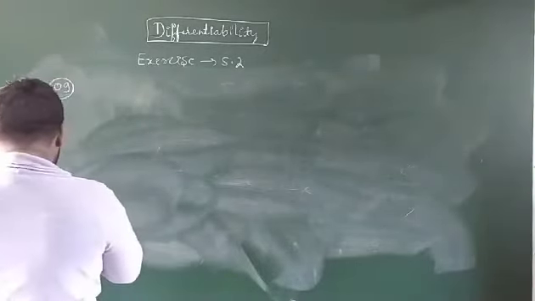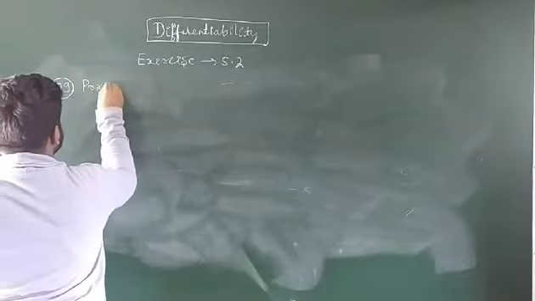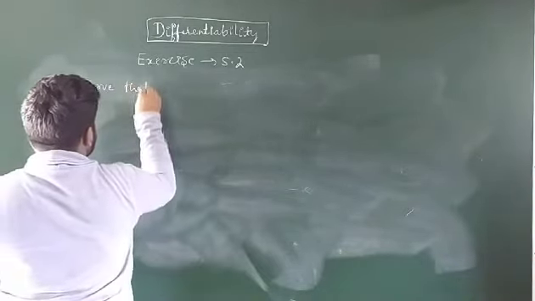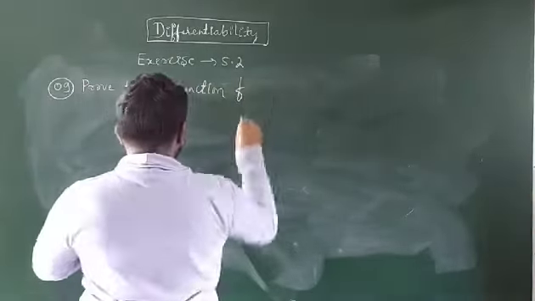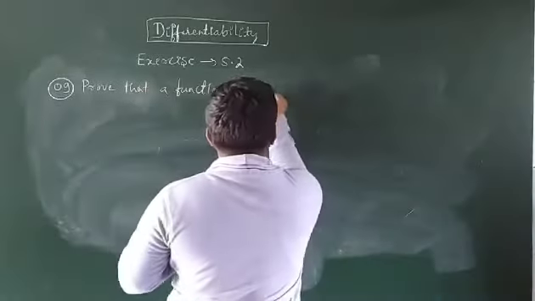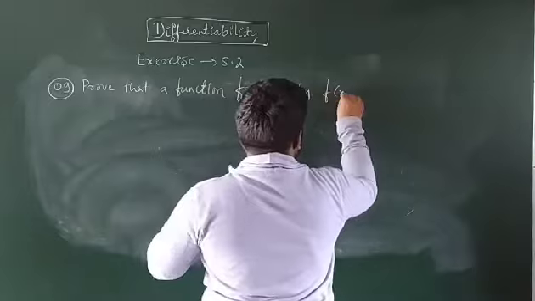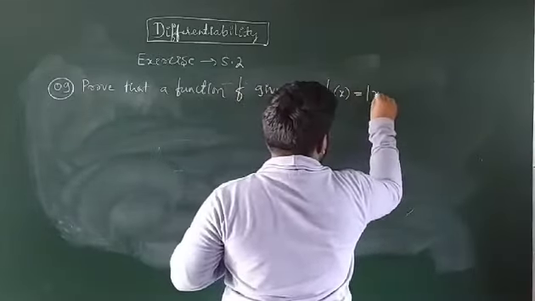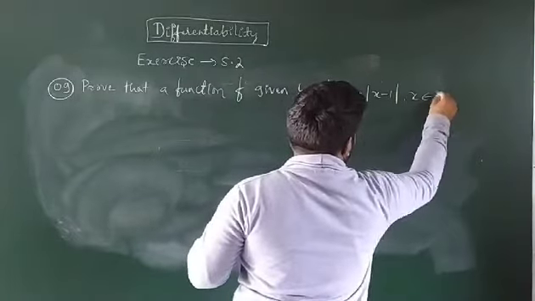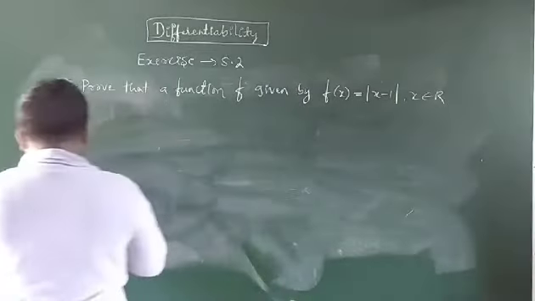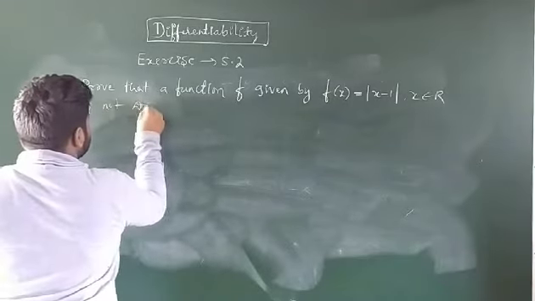So here they have given, prove that the function f given by f of x equal to mod of x minus 1, where x belongs to R, is not differentiable at x equal to 1.